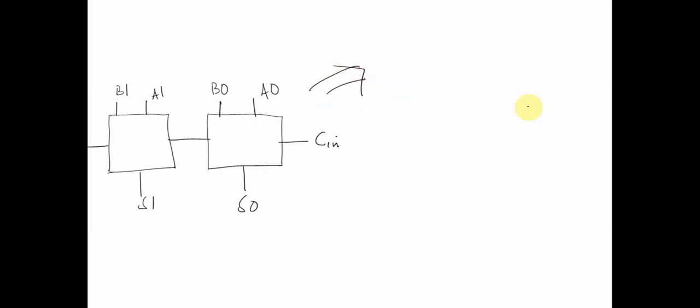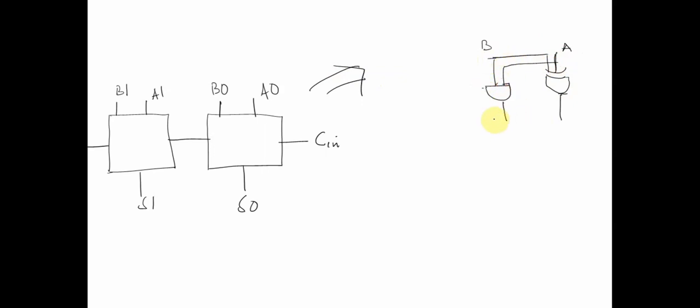Now how does this circuit look? Intrinsically, we have an XOR gate over here with input A and input B. Similarly, both A and B are ANDed together as well. I'm just creating a circuit of a full adder.